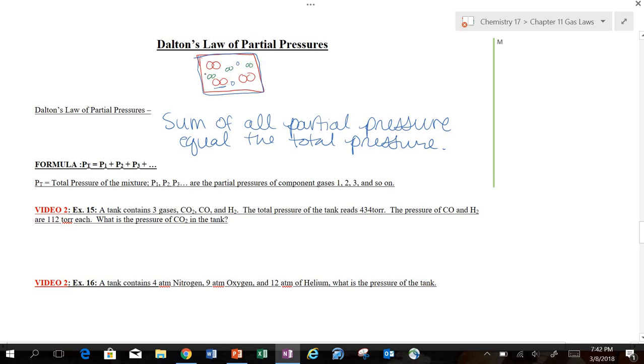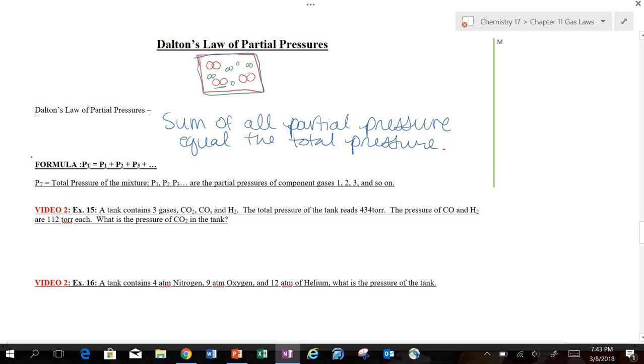So they all have these partial pressures that make up a whole. This whole container is our total pressure, where each type of molecule, let's say oxygen and helium, contributes a part of the total.